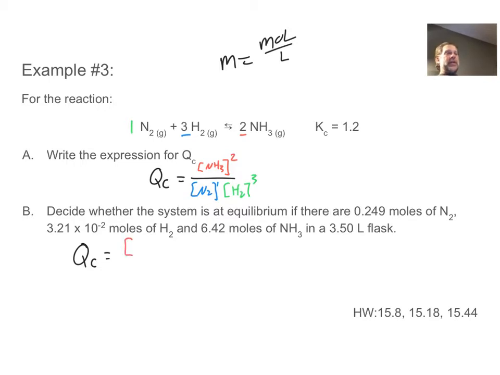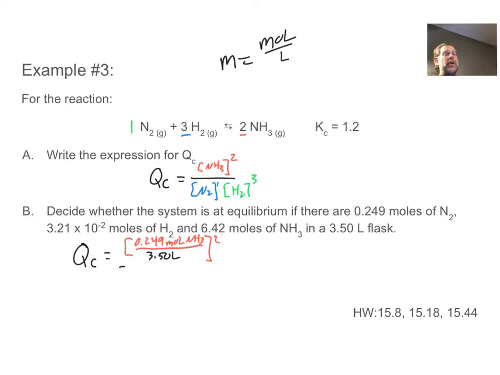So I'm going to take the 0.249 moles of NH3 over the volume of the flask, which is 3.50 liters, and raise that to the second power.